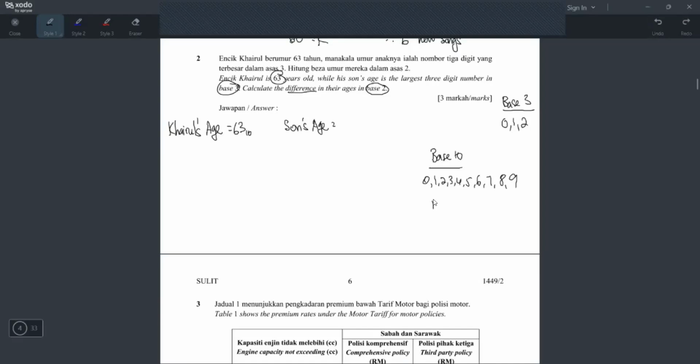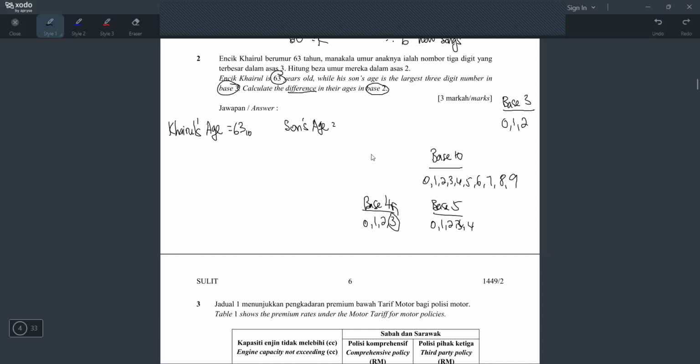You see? And what if I say base 5? You will only see 0, 1, 2, 3, 4. So the highest digit you see in a number is always 1 less than the base, right? If I say base 4, what is the highest digit? 0, 1, 2, 3, right?